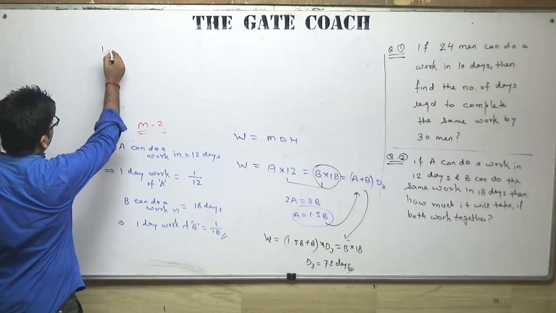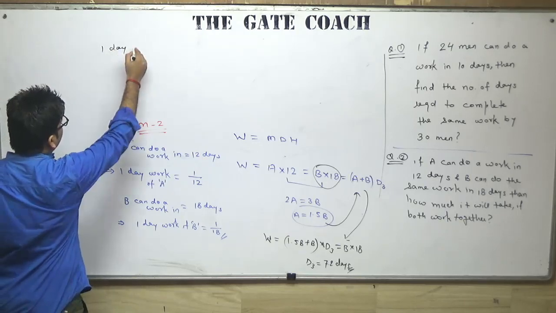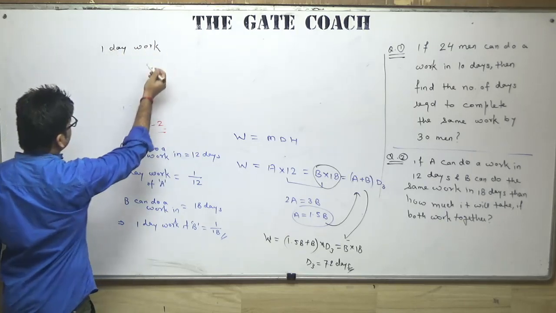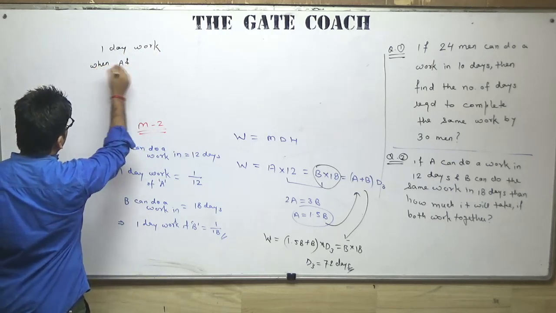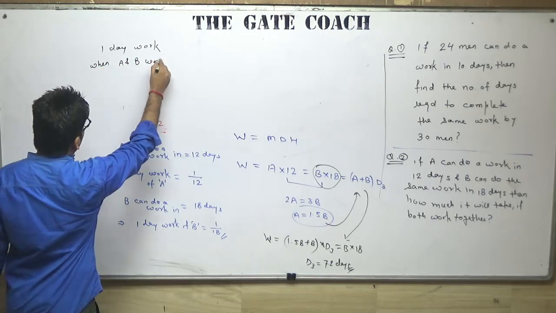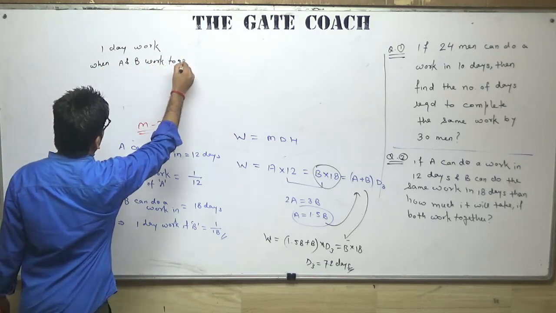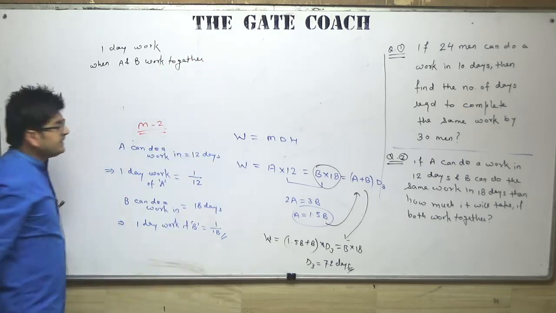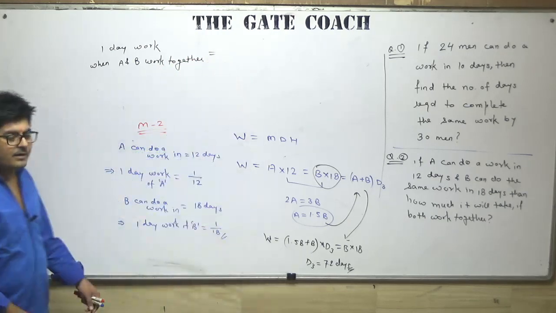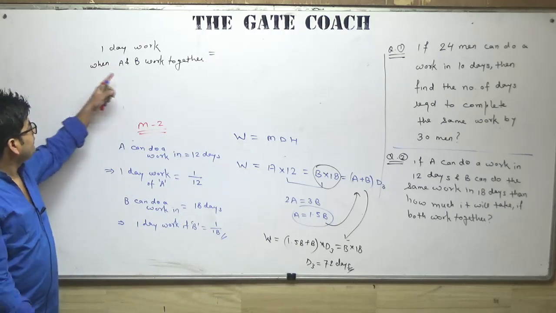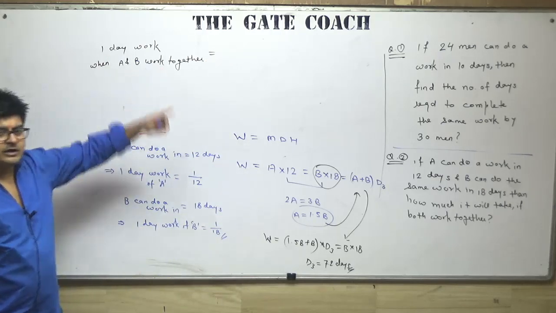So if A and B work together, if A and B are working together, then what will be their 1 day work? उनका एक दिन का काम कितना होगा? 1 day work when A and B are working together.